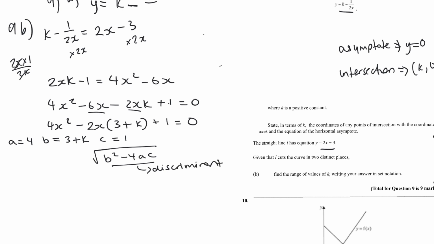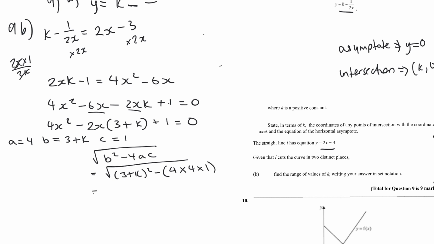And we know if that's greater than 0, that gives us our two roots. So that would leave us with root 3 plus k squared minus 4 times 4 times 1. So that'll just be minus 16.